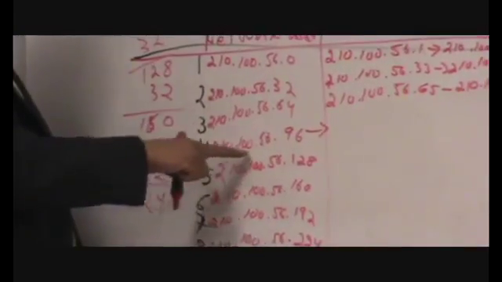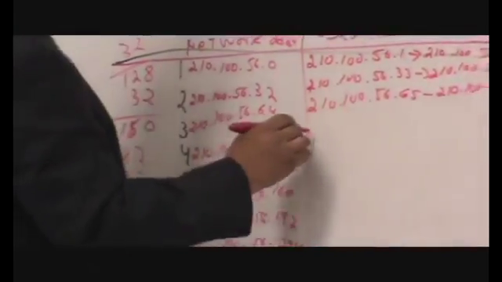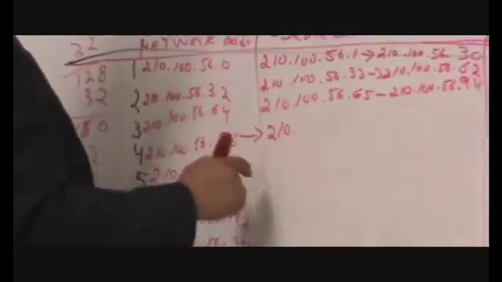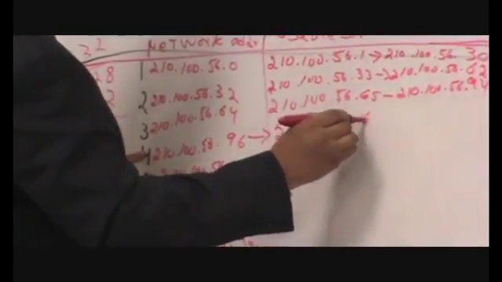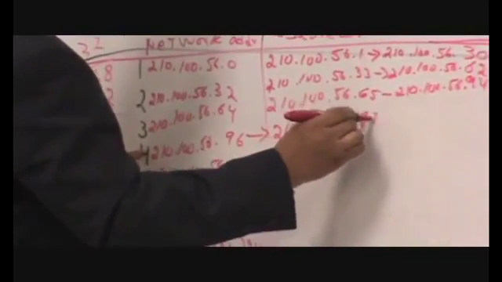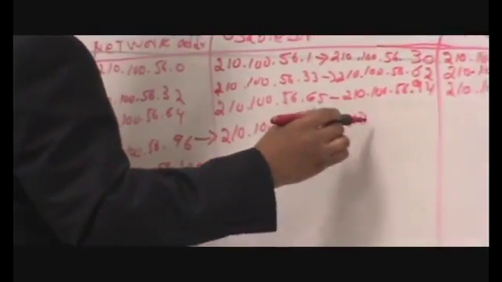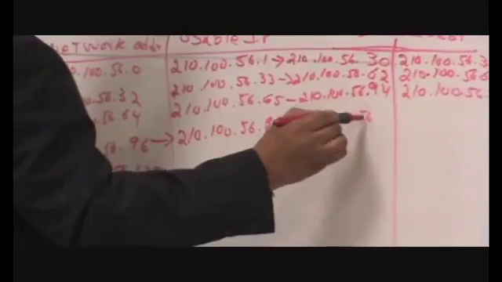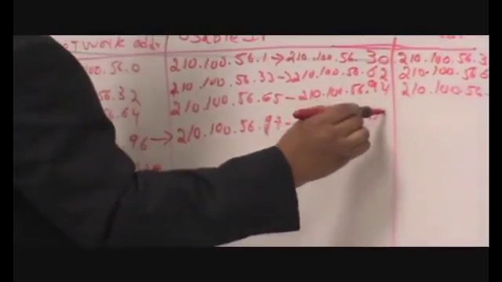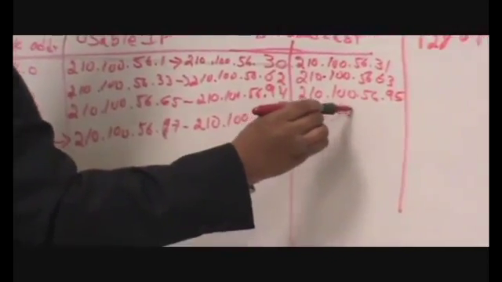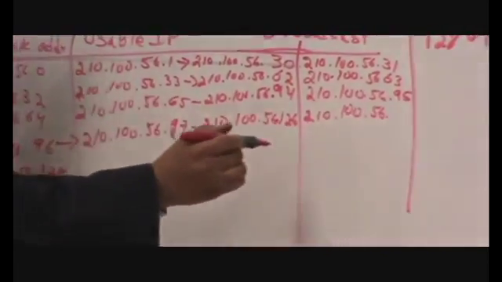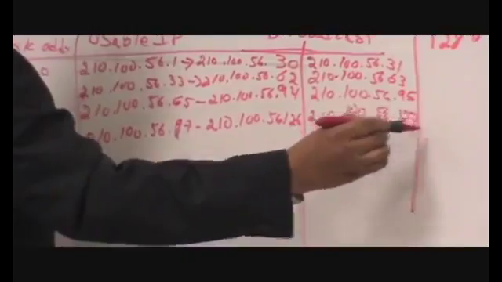And then my following network, number 4, is 210.100.56.96. So my first usable address in my fourth network is 210.100.56.97. My last usable address is 210.100.56.126. My broadcast is going to be 210.100.56.127.